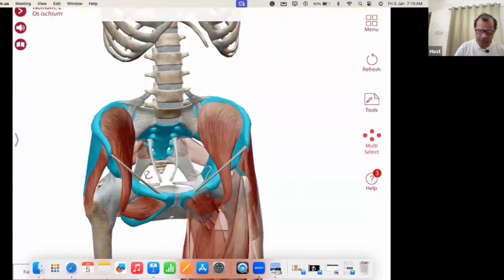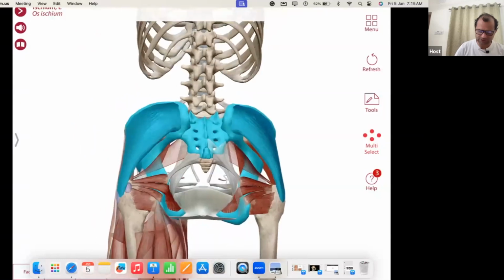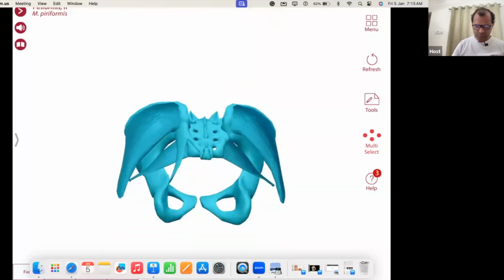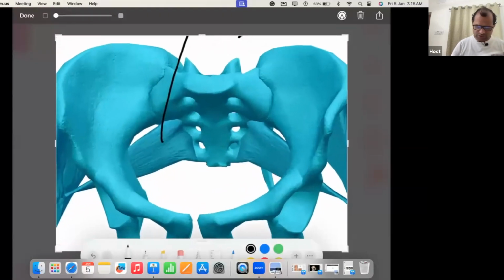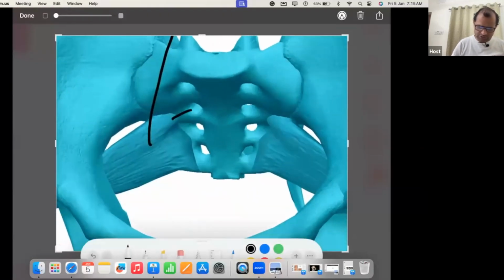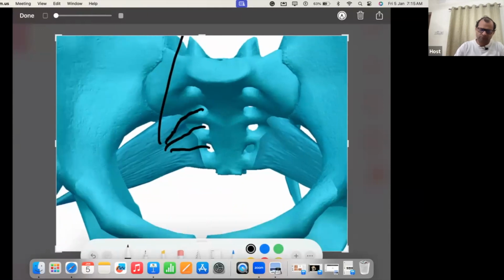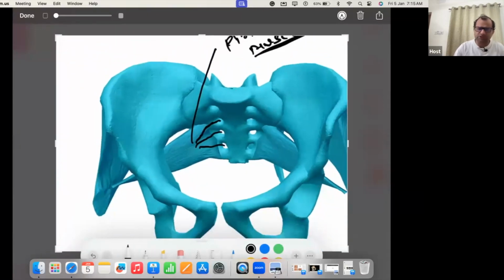And if you see, the piriformis muscle is here. I will show you how it's very closely connected with the sacral bone. The nerves are coming out from the sacral, and they might compress under the piriformis. तो पायरिफॉर्मिस मसल में कंप्रेस हो सकते हैं वो नर्व्स.